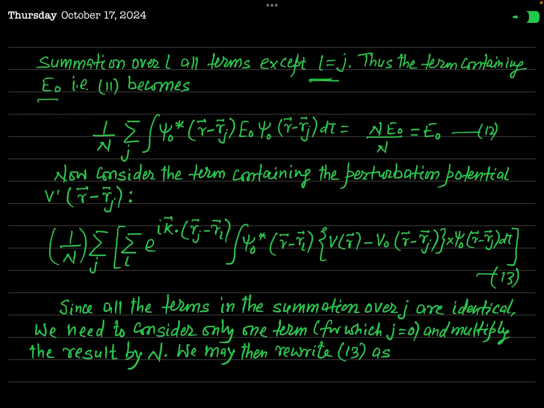Because we are considering that the overlapping is small and so there will be weak perturbation.